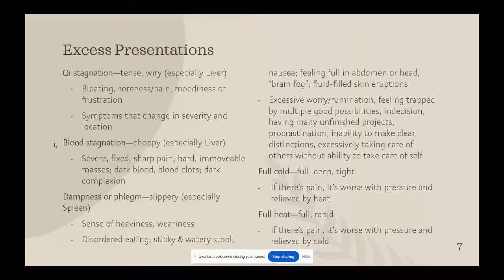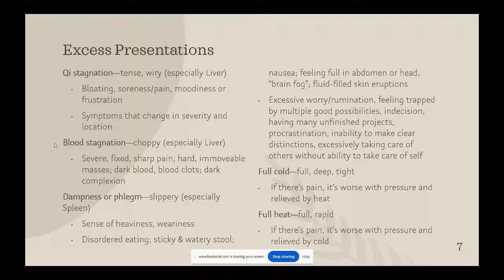This could be excess flesh or fat. This could be metabolic waste that's not being released out of the body, or mental waste that's not being released. And qi stagnation can also play a role in these cycles of accumulation.